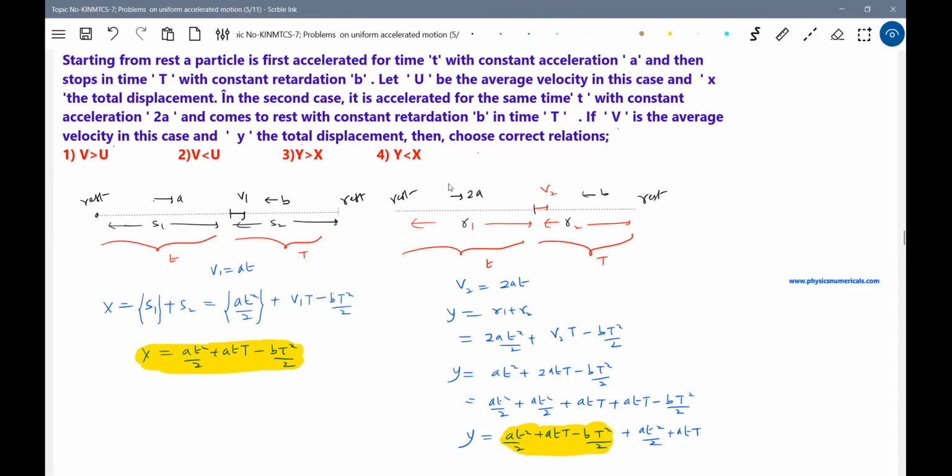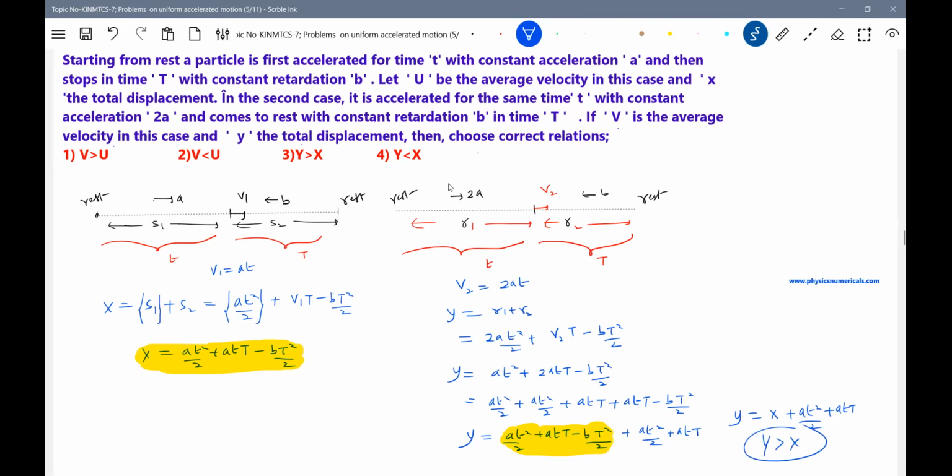So altogether, y should be equal to x plus at square plus at capital T. Definitely. So this one: y should be greater than x.